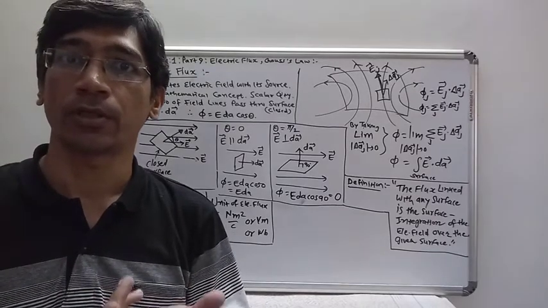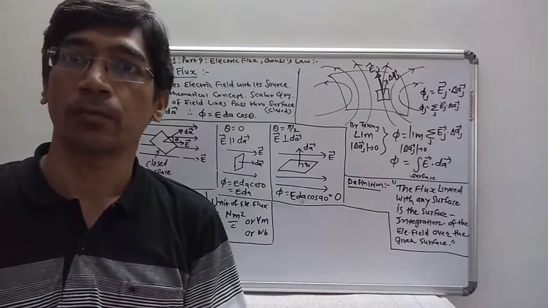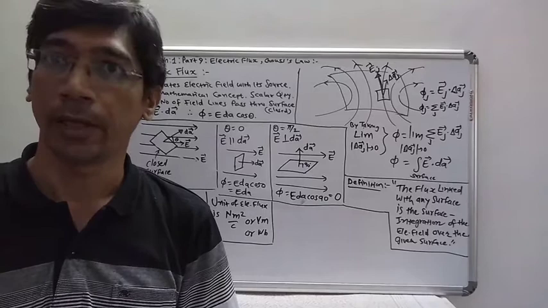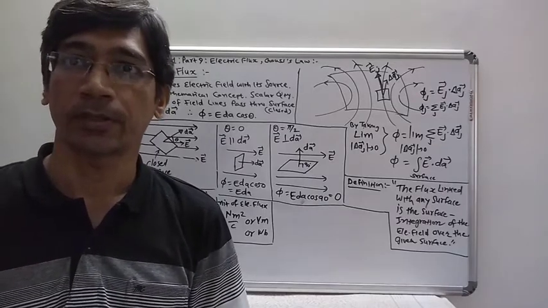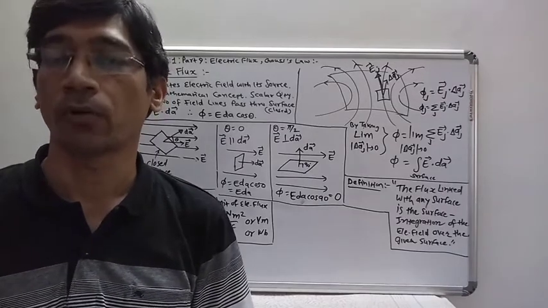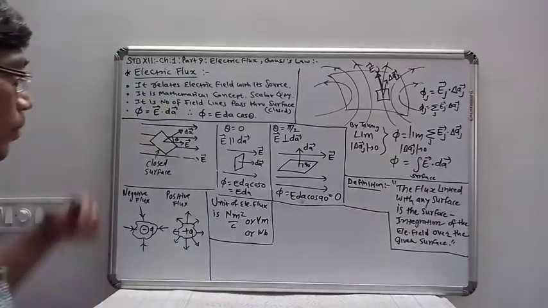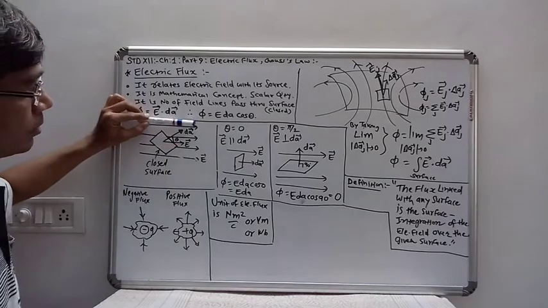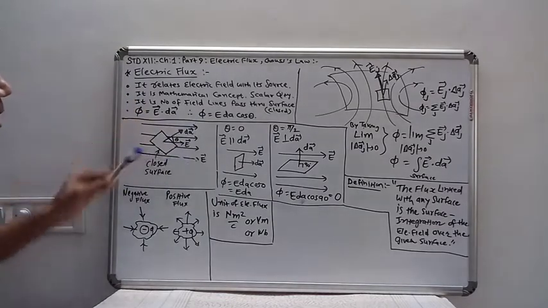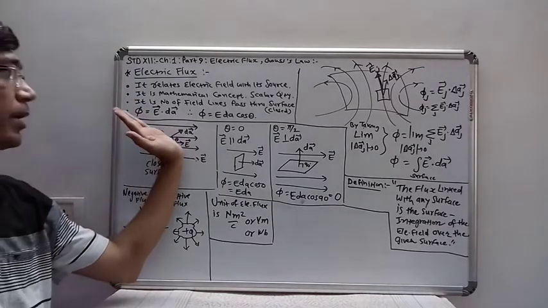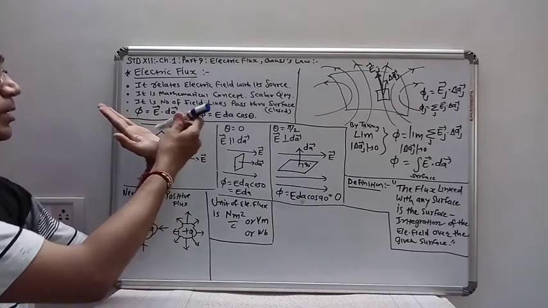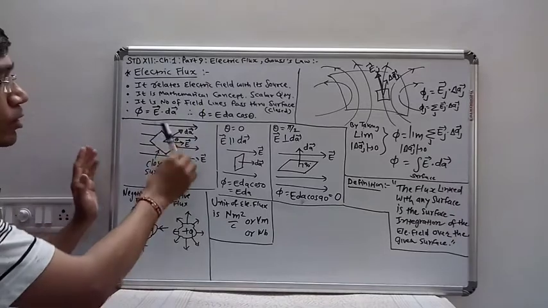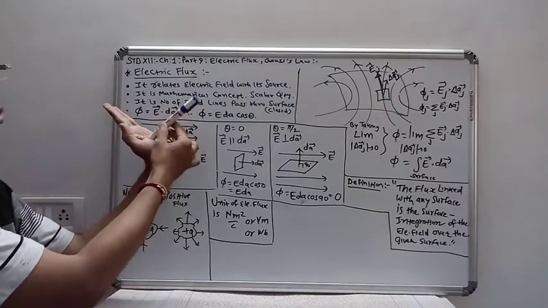Also it is known as the dot product or scalar product of two vector quantities, electric field and the area. In this physics we take the area as a vector quantity. Here the electric field is in the plus x direction, and the direction of the area is perpendicular to the plane.